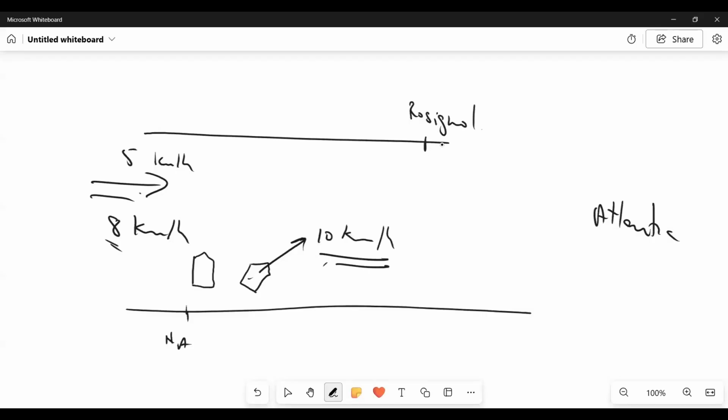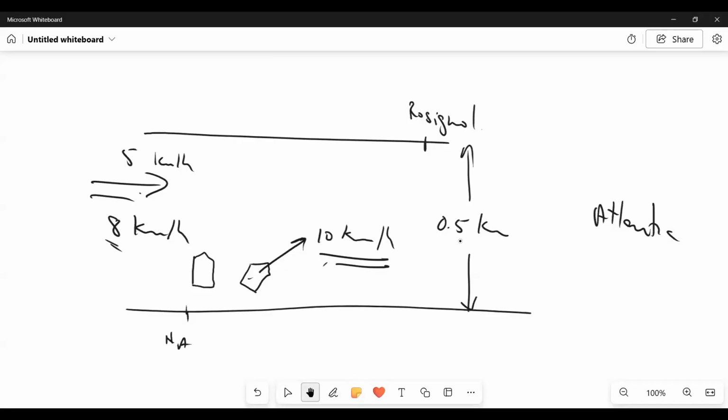I wanted to give this a distance. Let's say the distance between here and here is 0.5 of a km, right? 500 meters.